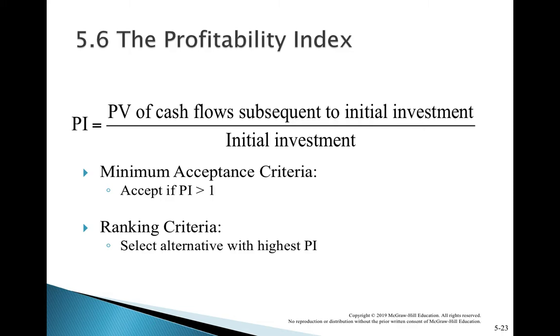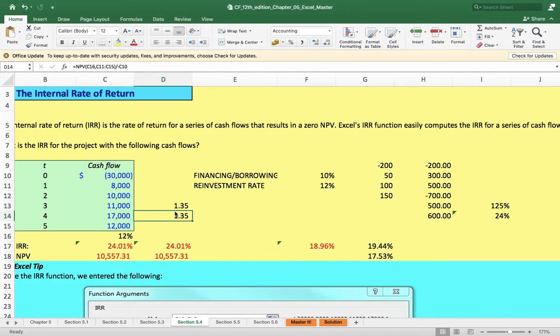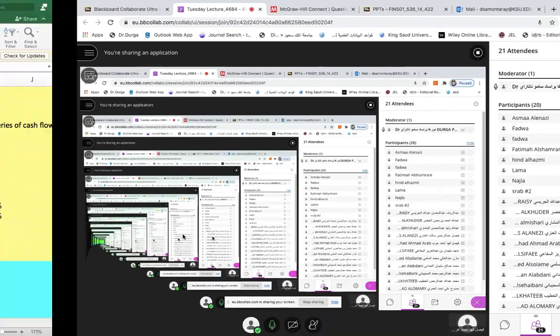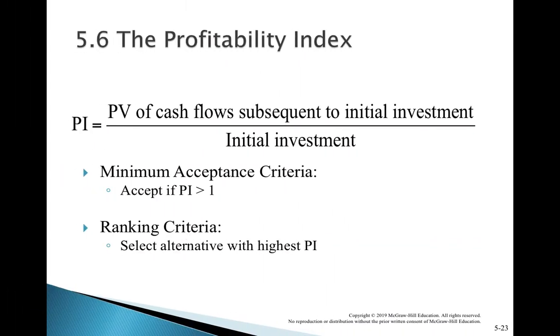If it is greater than 1, the project should be accepted. In this example, your profitability index is 1.35, more than 1, accept. If it is 0 or less than 0, then you reject. Ranking criterion: the highest PI should be ranked first, then accordingly.